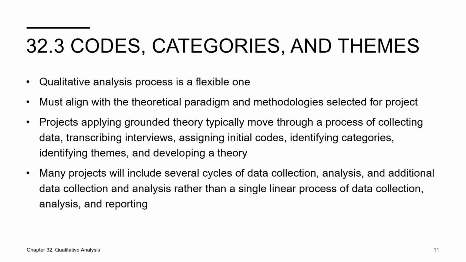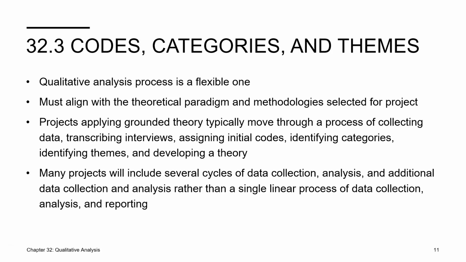So section 32.3 goes over codes, categories, and themes. And so since qualitative analysis is a flexible one, there are different steps and different approaches. But what's most important is that it should align with the theoretical paradigm and methodology selected for the projects.